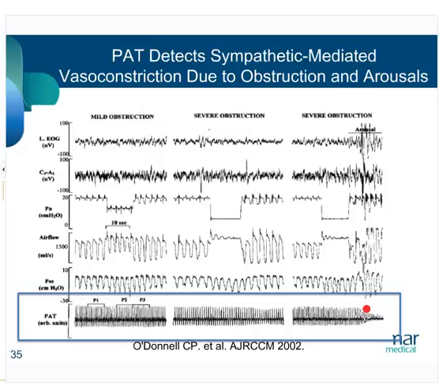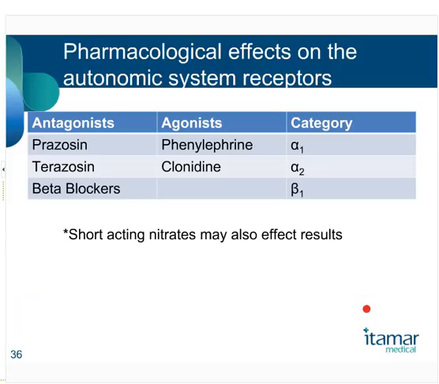Well, because we're talking about a device that uses the sympathetic nervous system as its prime sensing part of physiology, things that affect the sympathetic nervous system may affect how good the signal is that we get. So there are some medications that you need to be aware of that may attenuate the PAT signal.